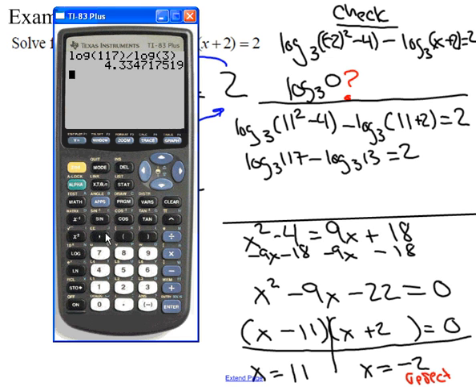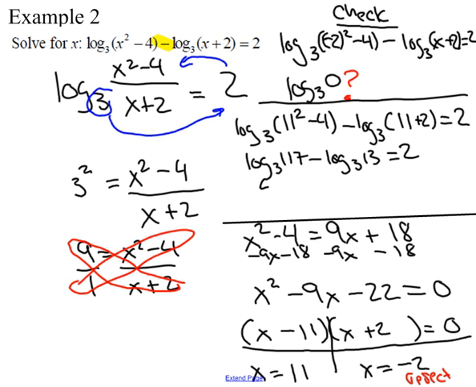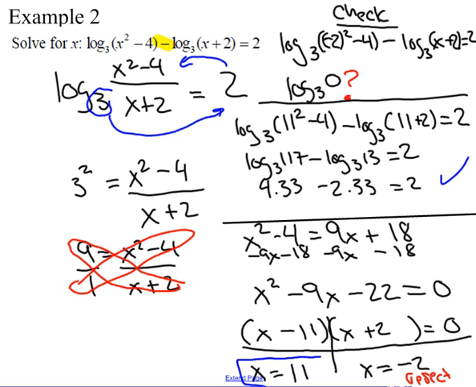Now let's evaluate this one here. That's going to be log 13 over log 3, and that's approximately 2.33. So 4.33 minus 2.33, is that going to give us 2? Yes, it is. So 11 is our answer.